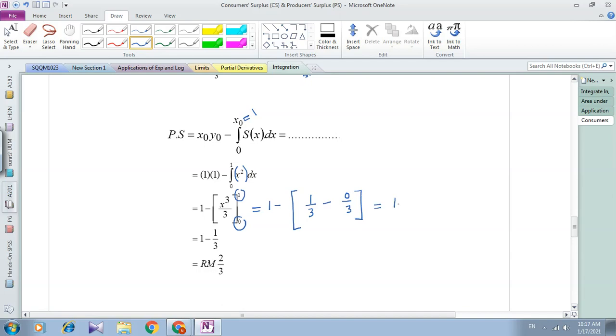That's why you end up with 1 minus 1 over 3, because this is totally 0. So 1 minus 1 over 3 is 2 over 3, or you can rewrite this as 67 cents.